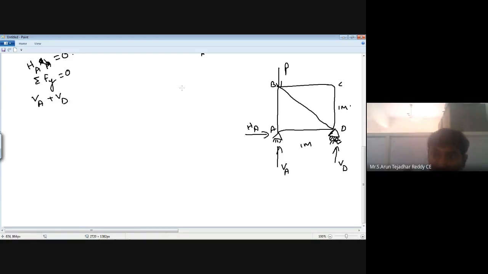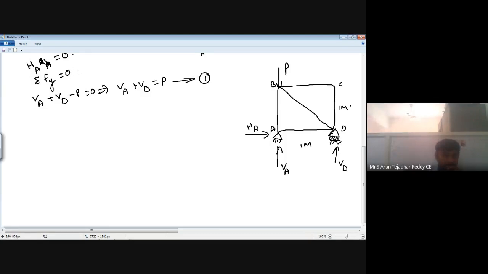Next, one external load is acting at joint B, but it is in the downward direction, so take negative. So we can write VA plus VD is equal to P. This is equation number 1.